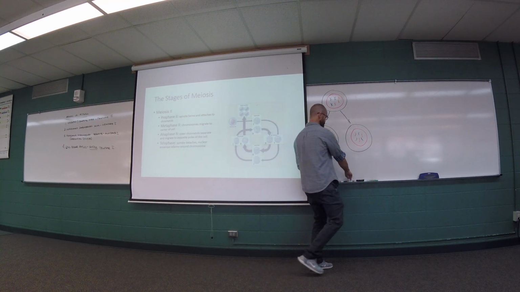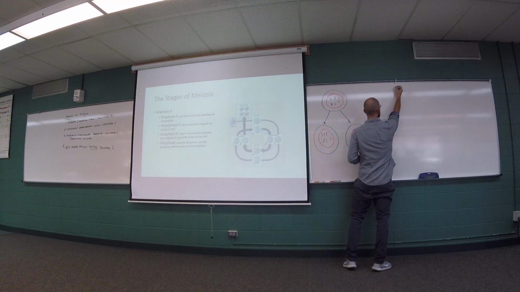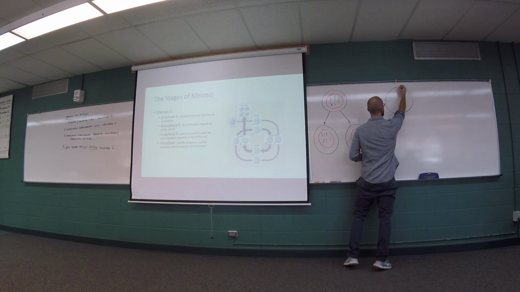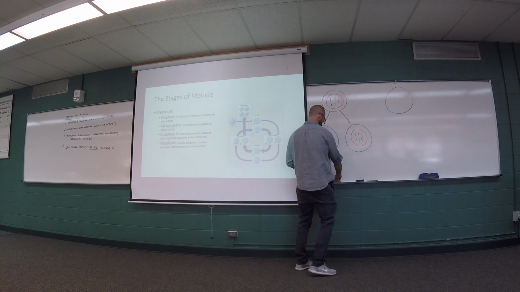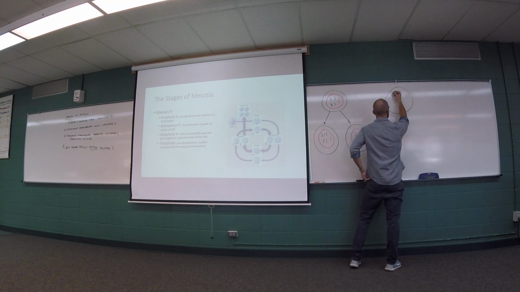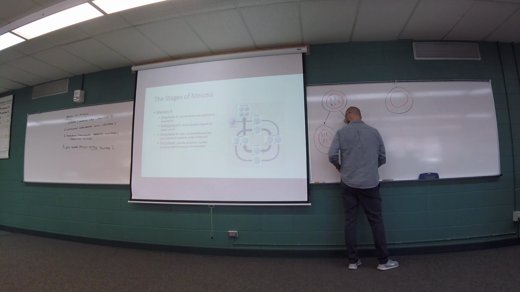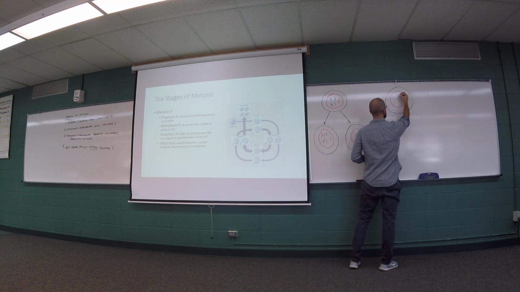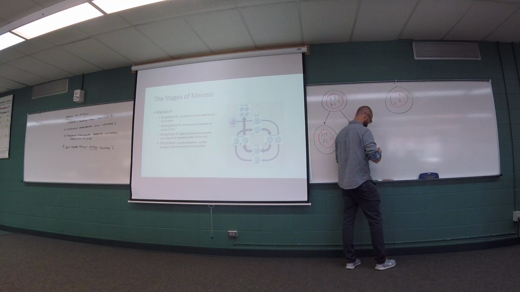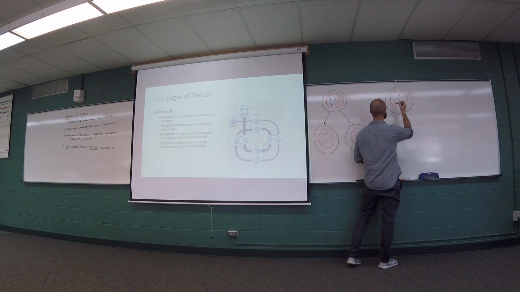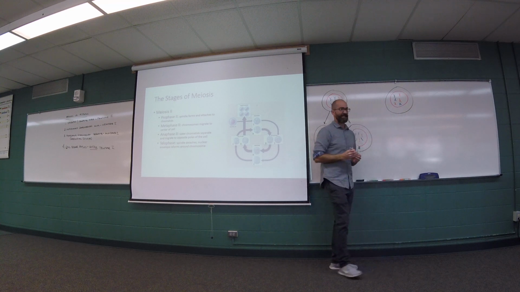So in meiosis, what we do is we start off with this same cell that has our 6 chromosomes. That, right?